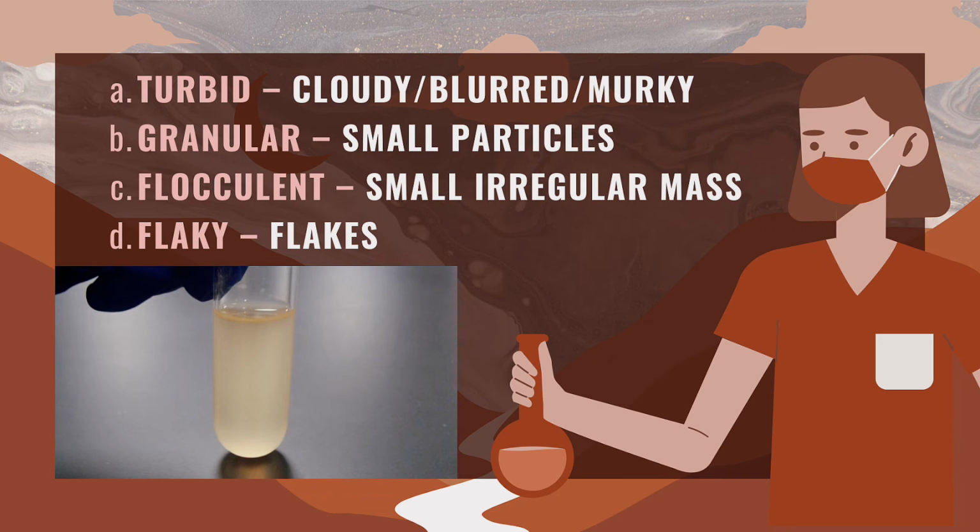Turbid is when the broth is murky or appears blurred. Granular is the presence of small granule-like growth, and flocculent is just like the surface growth, small, scattered, irregularly shaped growth. And last but not least, we have the flaky, which is pretty much similar to granular but bigger.